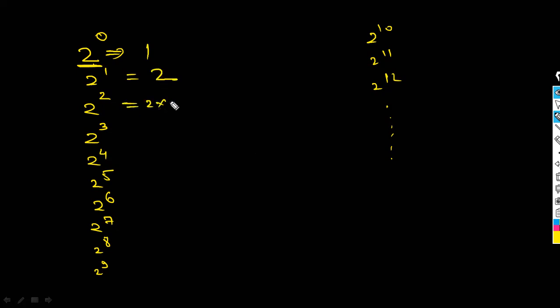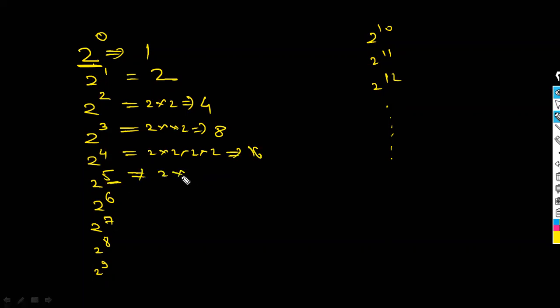2 raised to the power 2 means 4. 2 raised to the power 3 means 2 into 2 into 2, 8. And 4 means 4 times, again is 16. So this way 5 times, 5 means 2 multiplied 5 times. So 32, and then 64, 128.